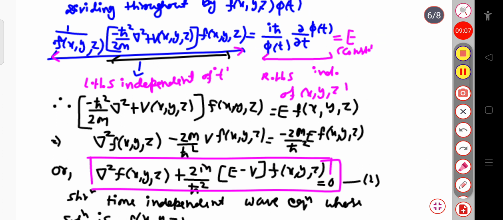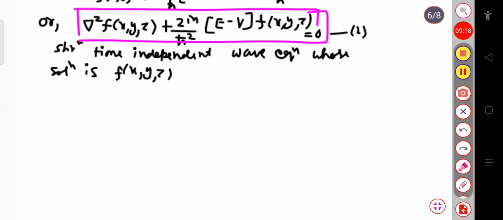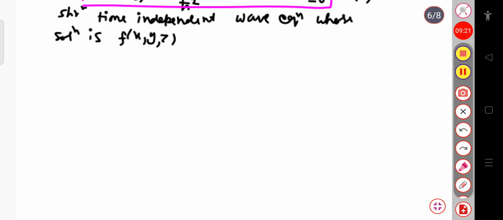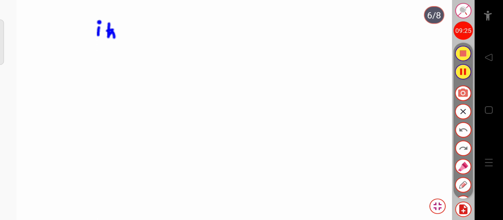So that is i h cut dou phi by dou t, and this phi of t will get multiplied with the e. Let me write first this expression: i h cut divided by phi of t into dou phi of t divided by dou t, that will be equal to e.